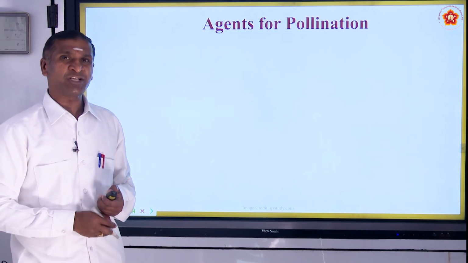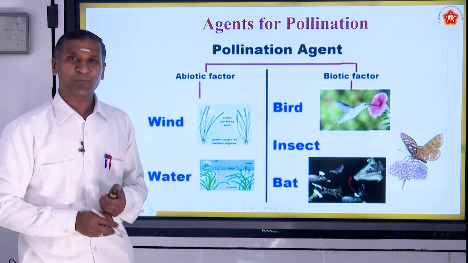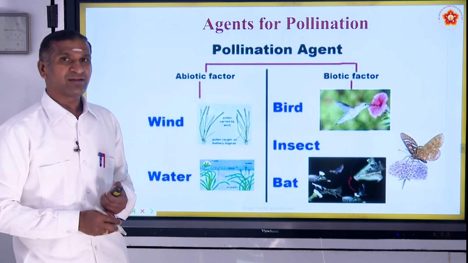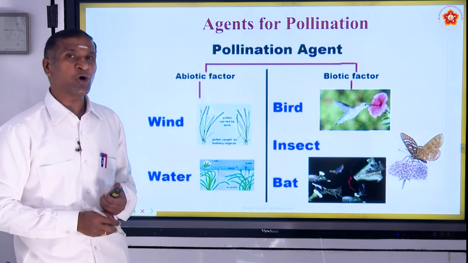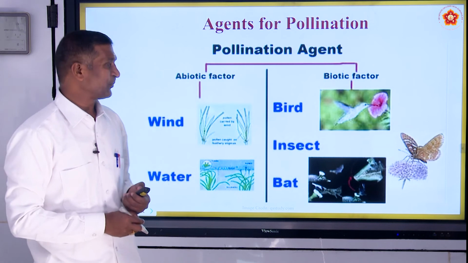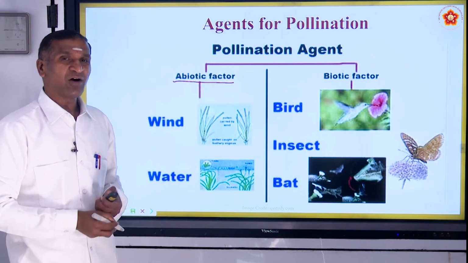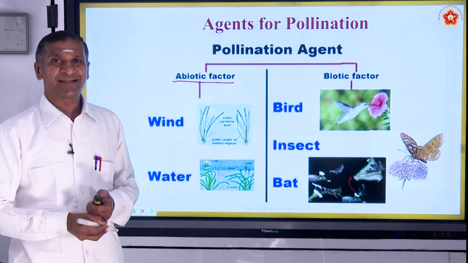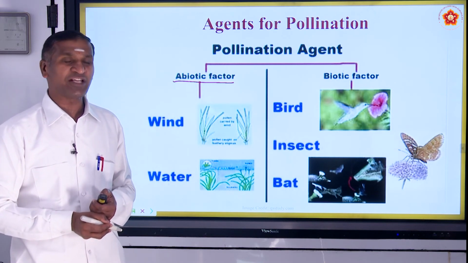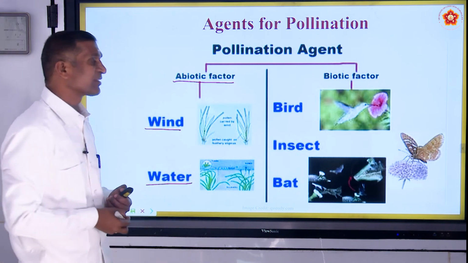What are the agents for pollination? Which agents are required for pollination? There are abiotic agents and biotic agents also. The abiotic, the non-living agents or factors that help in the pollination process, are wind and water.